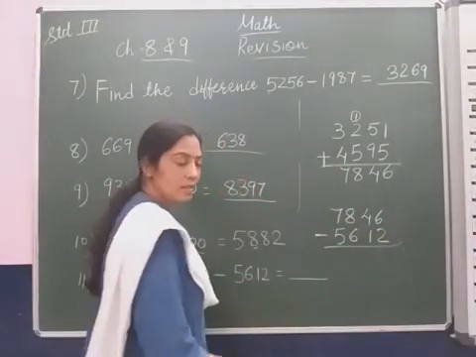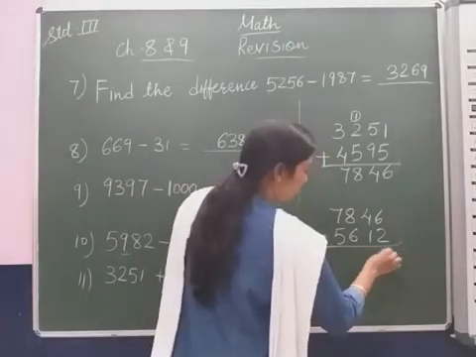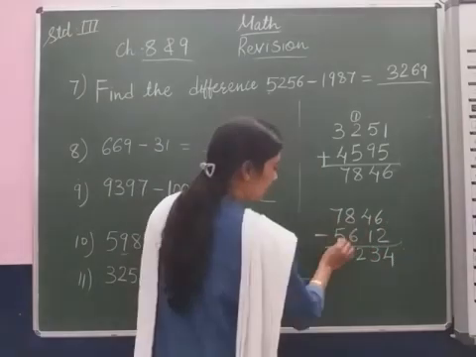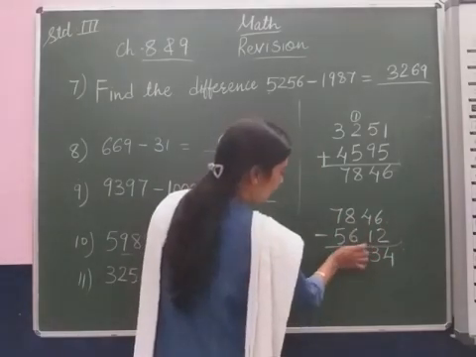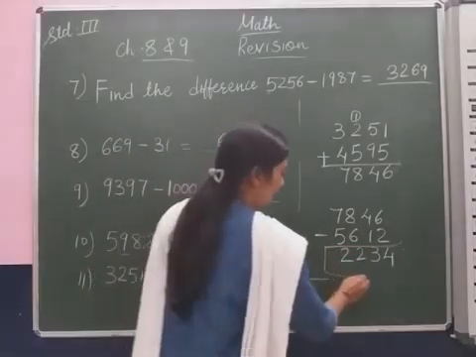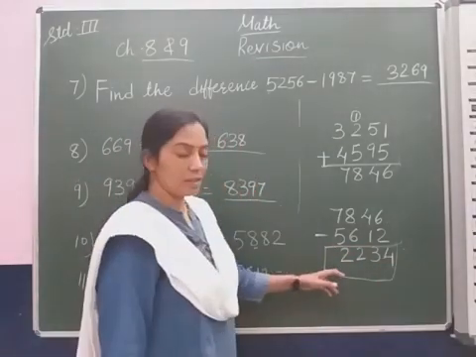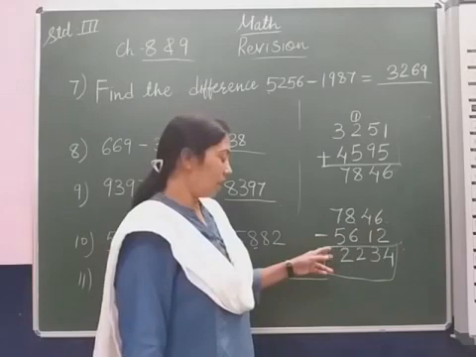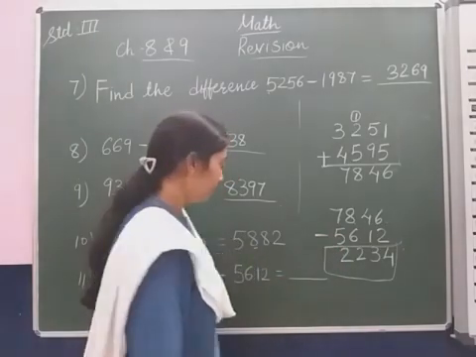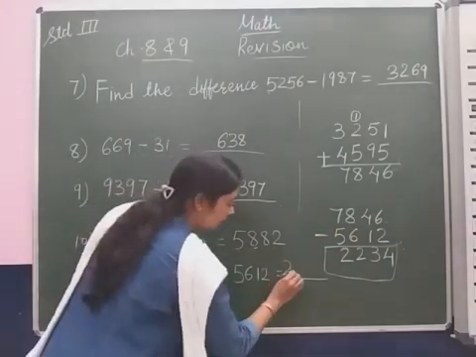Now we subtract. 6 minus 2, 4 remains, 4 minus 1, 3 remains, 8 minus 6, 2 remains, 7 minus 5, 2 remains. So we find the difference, the final answer, 2234.